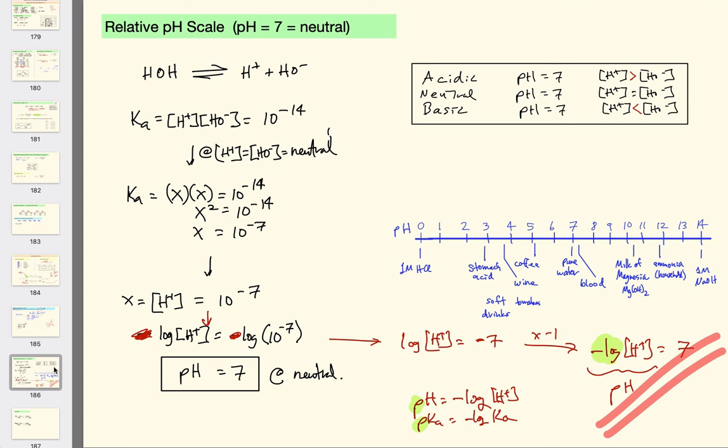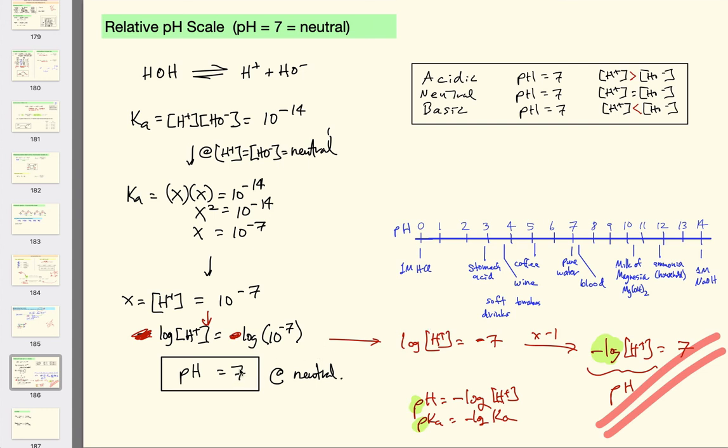And finally, where we ended was the relative scale, where we know that pH 7 is considered neutral. I did the derivation of that just to show you that at a pH of 7, the hydrogen ion concentration is actually equal to 10 to the minus 7, because buried in this is a minus log factor.